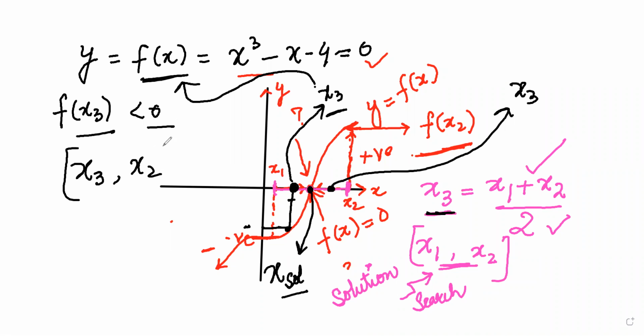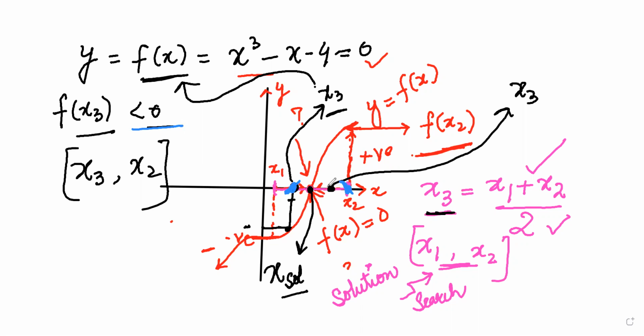Now your solution lies between two points, this point and this point, between x3 and x2. This is the case when f of x3 is less than 0.